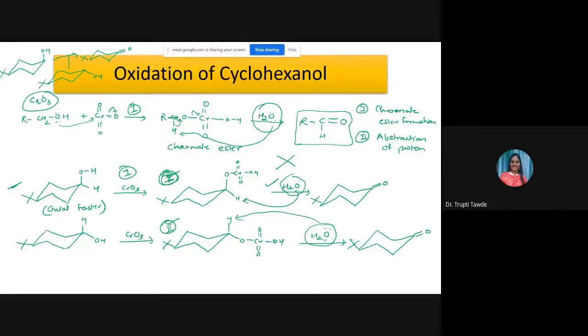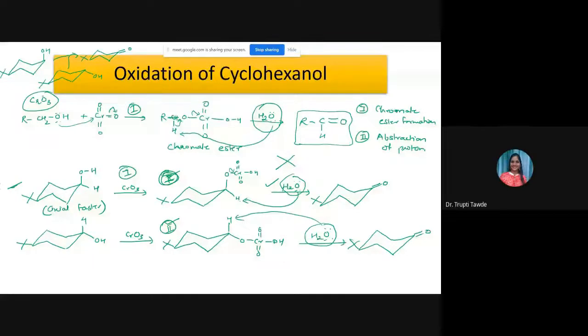When the water approaches, the chromate will leave. Of course. So if this is unstable, it will try to get stabilized faster, and therefore the axial chromate will react faster compared to the equatorial chromate.